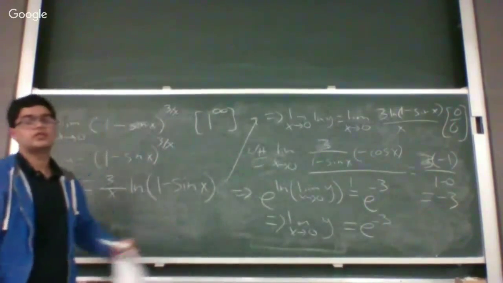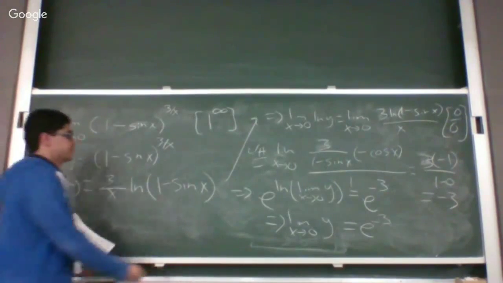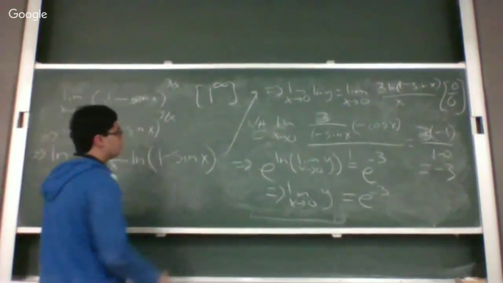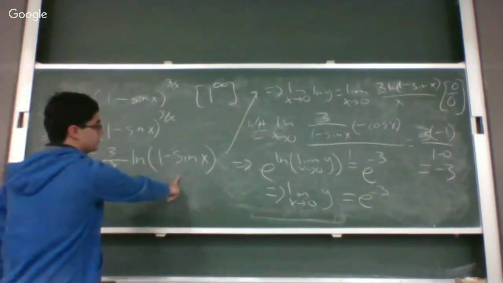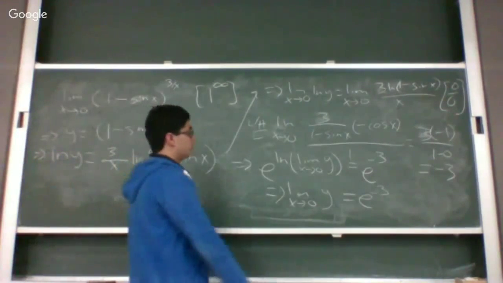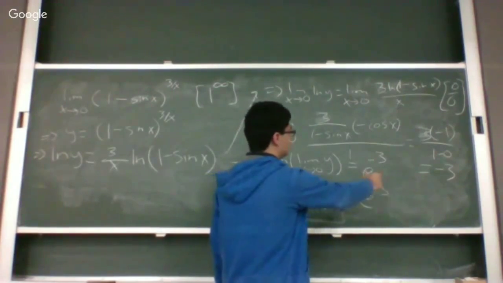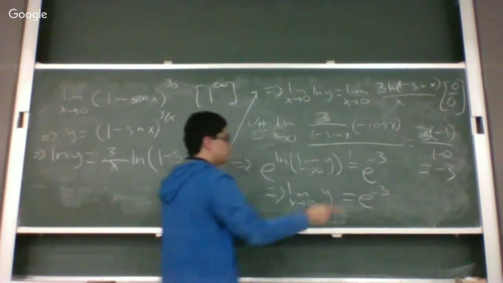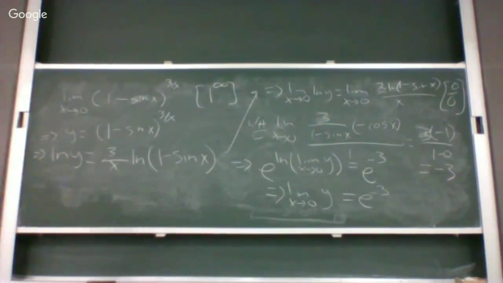So that would be our answer. So in those steps, you do the natural log of y, do the same limit of both sides, and once you get the limit of the natural log of y equals a number, then you do e to both sides.